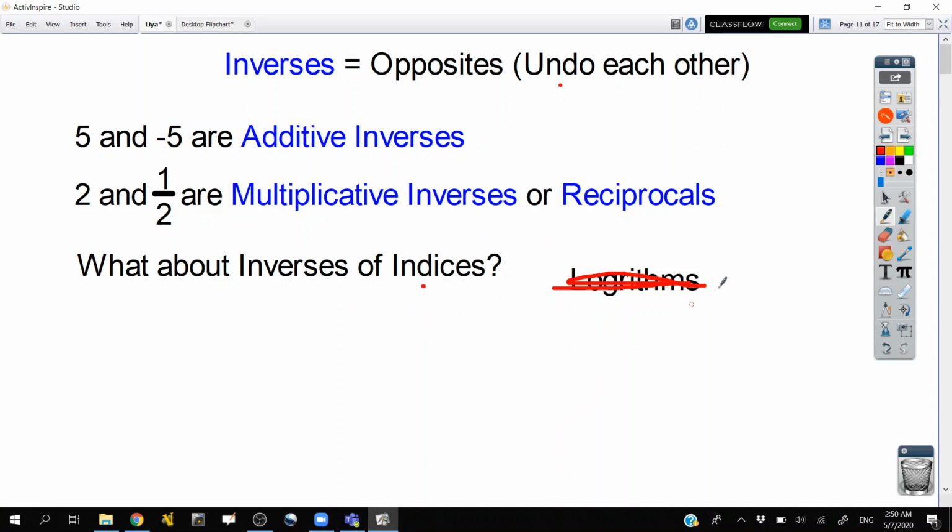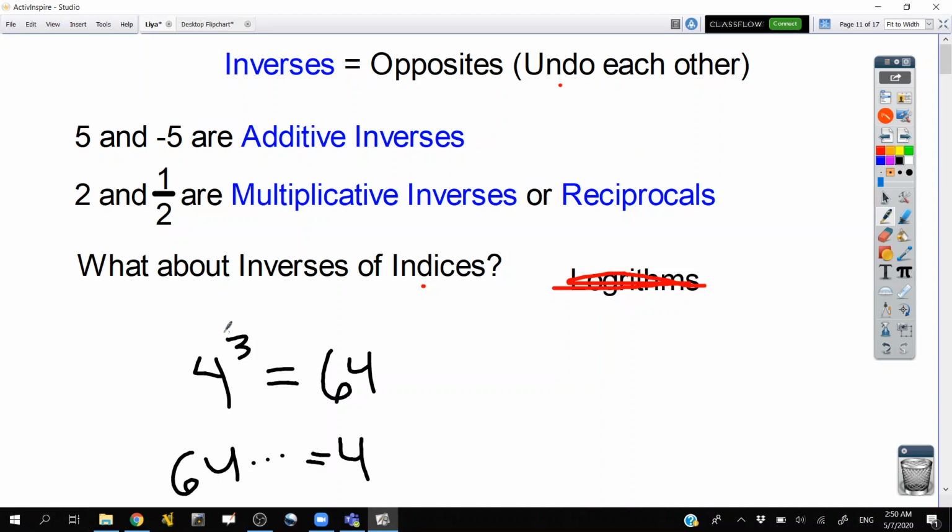So how could we undo indices? Well, when you did the assignment, you had said things like 4 to the third power is 64, which means we should have 64, and then we can do some things and get back to 4, because that would be undoing, like this one took 4 and went to 64.